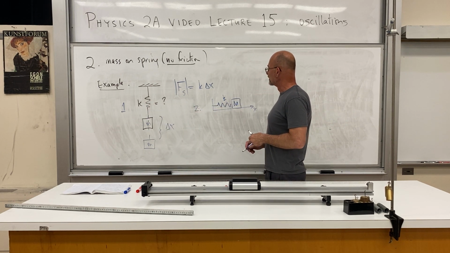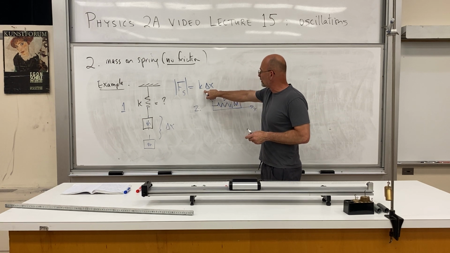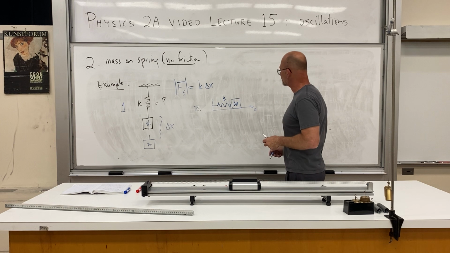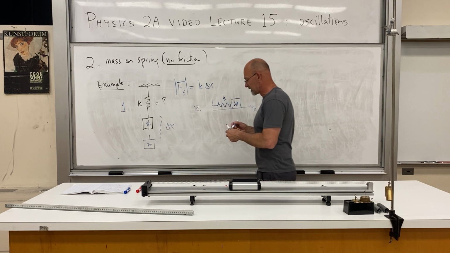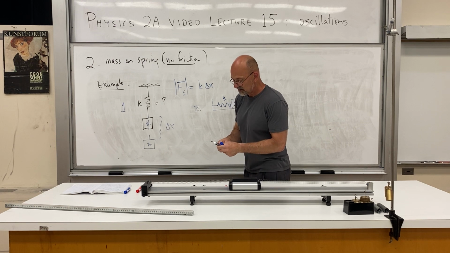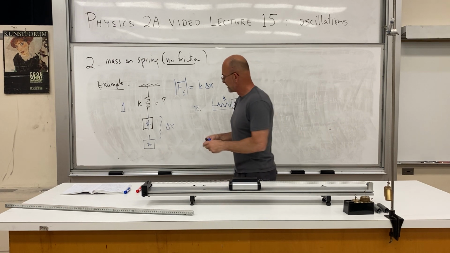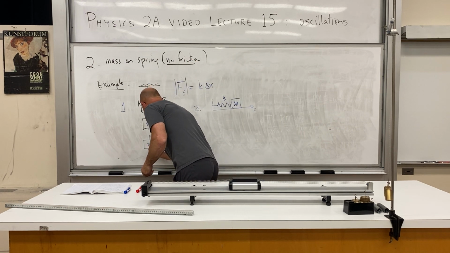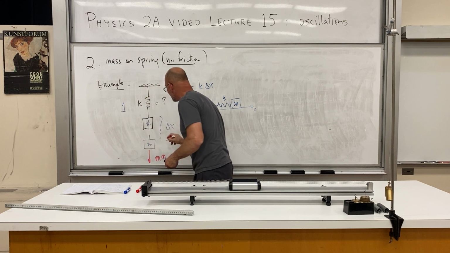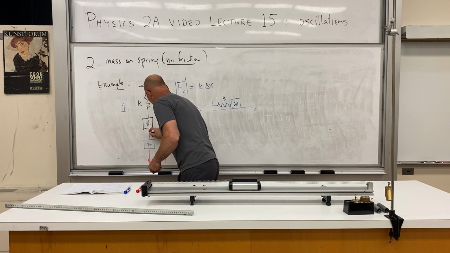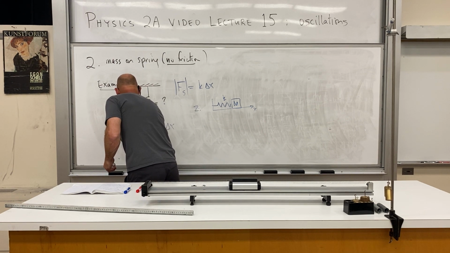Okay. So being able to decide what the spring constant K is, is pretty important. You know, if we were looking at this thing as a problem, then you could have said, okay, I've got mg here, and I've got K delta X there.